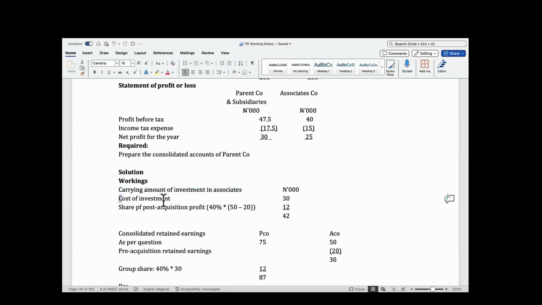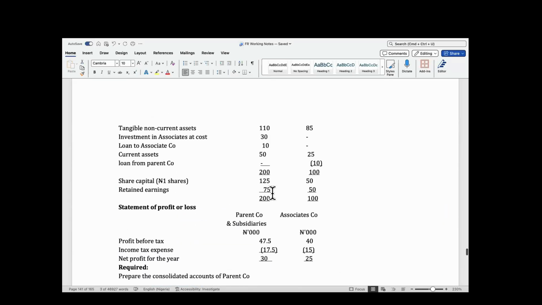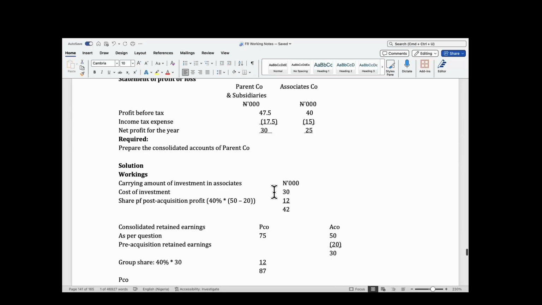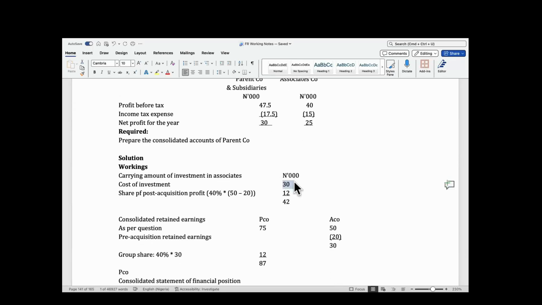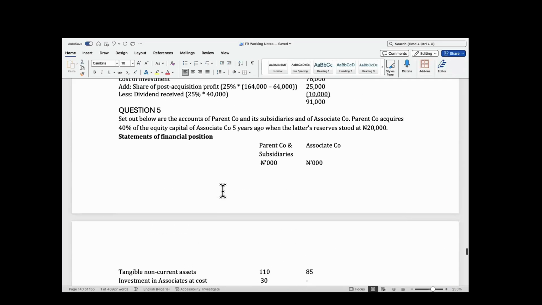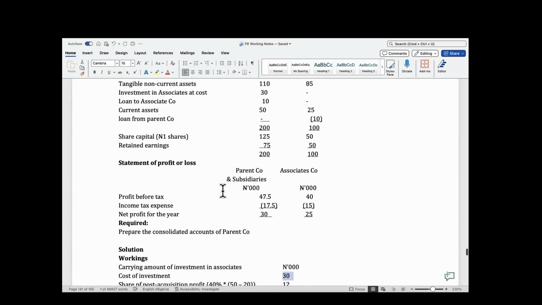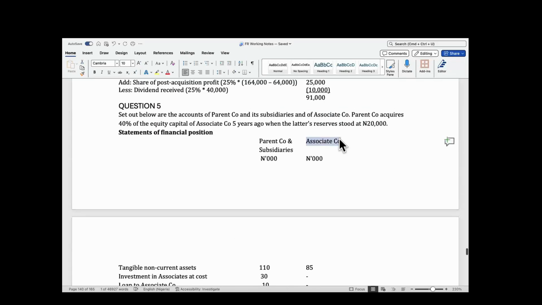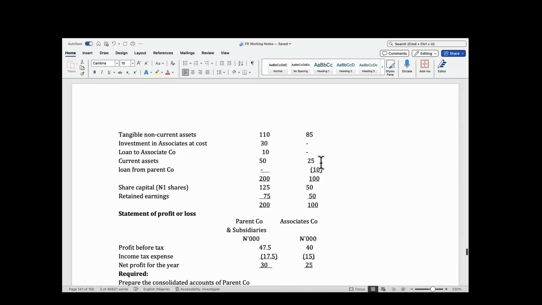I will just get my cost of investment, which I will see in here. They gave me my cost of investment, which is 30. Okay, 30. I will just get my share of profit in the associates. And how do I get my share of profit in the associates? I'll just look at, as far as this associate is concerned, what is his total profit to date? That's retained earnings of the associate, 50.